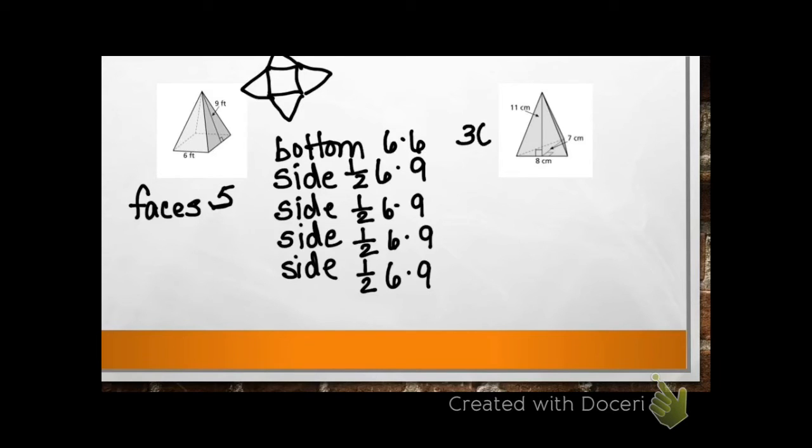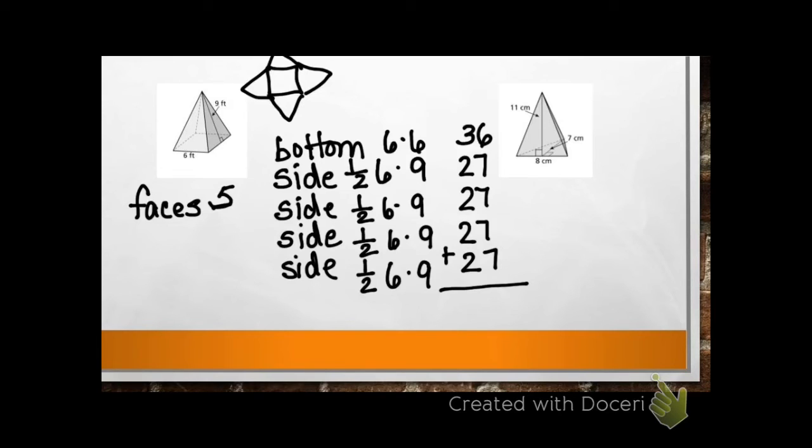6 times 6 is 36. 1/2 of 6 is 3, and 3 times 9 is 27. And I'm going to write 27 4 times because I had 4 triangles. And then I can add it together. Now, when I have a repetitive number, a lot of times I will just multiply them.